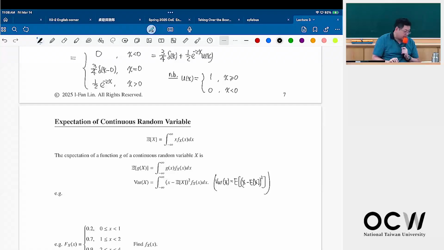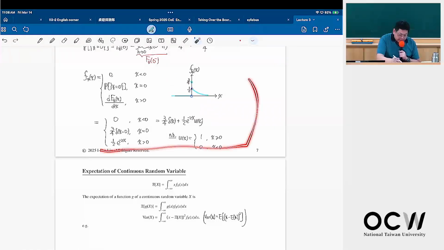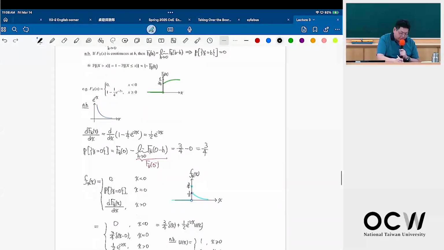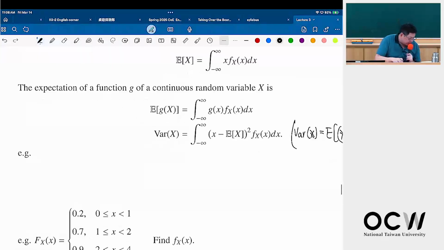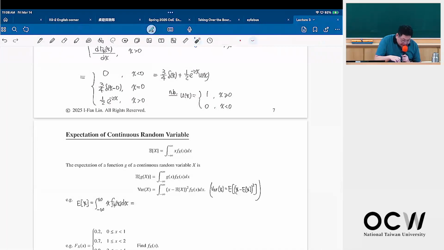For example, from the previous one, for this continuous random variable, I want to find the expectation. The expectation is the integral from minus infinity to infinity. I consider all possible outcomes times the weightings. So I only have values once x is greater than 0.